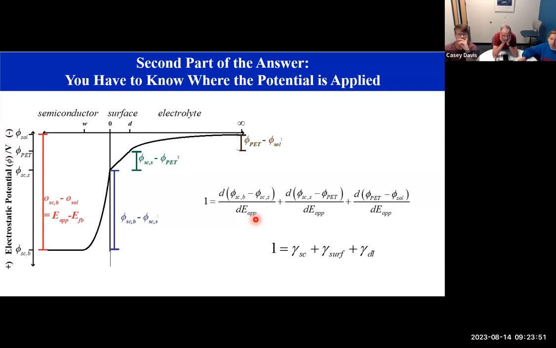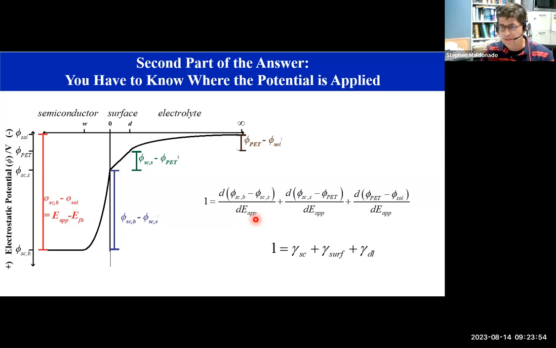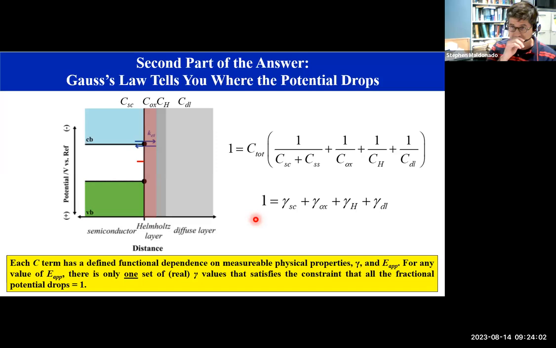Got it. Okay. So the question then is what is the value of these fractional values, or if you want to be more pointed, of these partial derivatives? And if you do Gauss's law analysis of any electrochemical system, you will come to the same conclusion. And that conclusion is that these fractional values, or the derivatives of the electrostatic potential drop with respect to the applied potential you're giving to the system, are related to the capacitances of each of these regions, each of these components of your semiconductor electrolyte interface system.